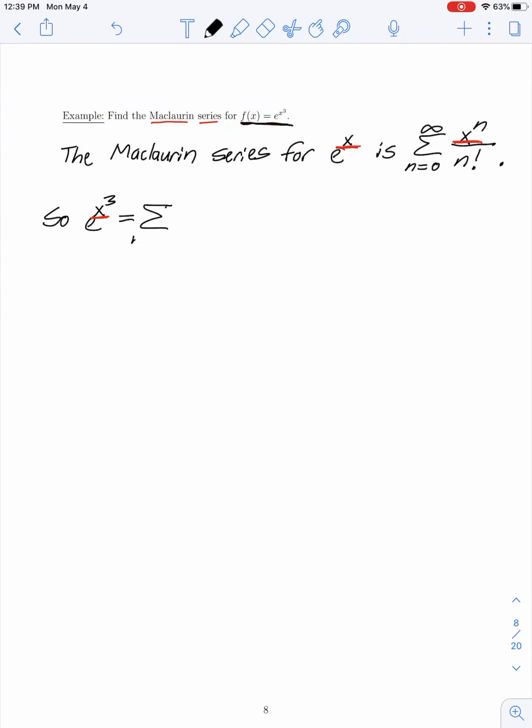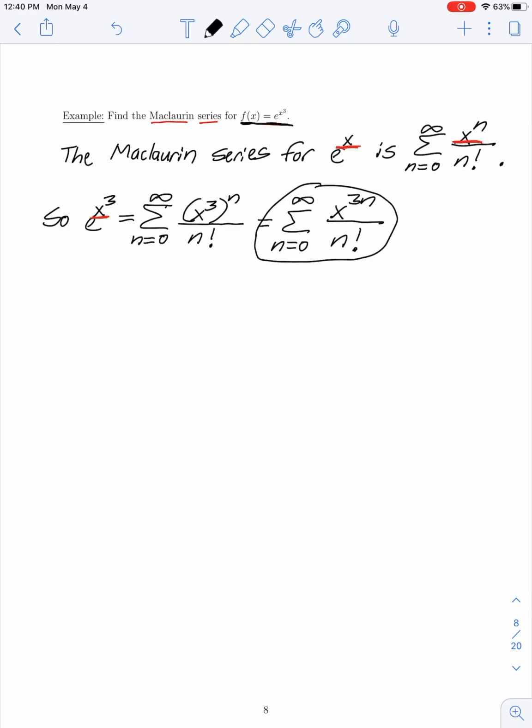So here we would have the sum from n equals 0 to infinity of x cubed to the nth power over n factorial, or, making use of properties of exponentials, this x cubed raised to the nth is the same as x to the 3n, and then we're dividing by n factorial.